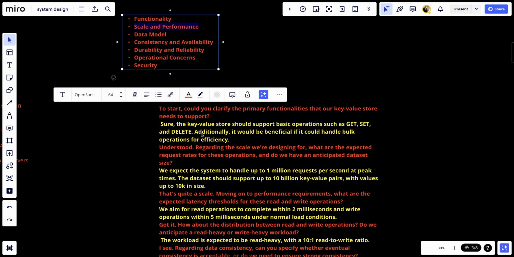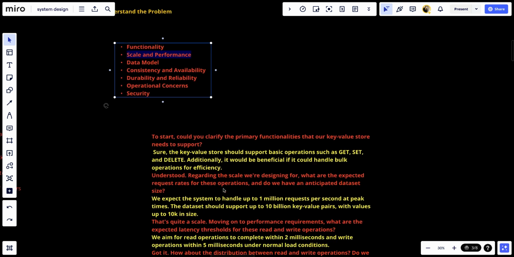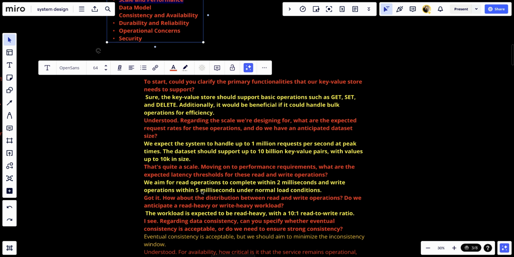The second one, we want to ask about the scale and performance. So I say, okay, understood. Regarding the scale we are designing for, what are the expected request rates for these operations, and what is the anticipated dataset size? So our interviewer says, okay, we expect the system to handle up to 1 million requests per second at peak times.